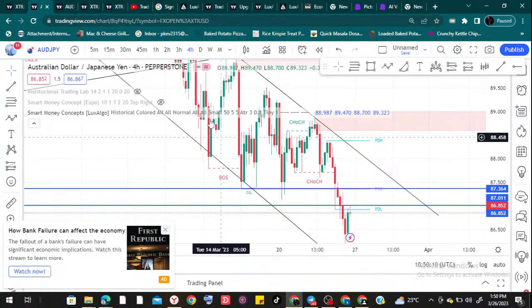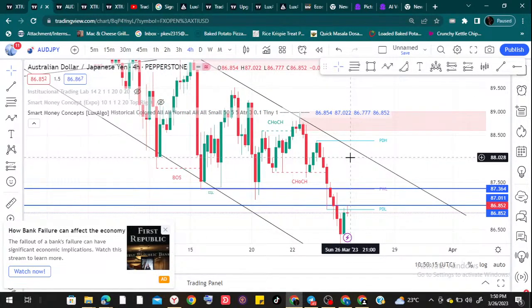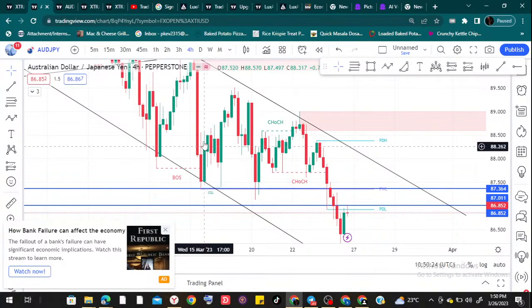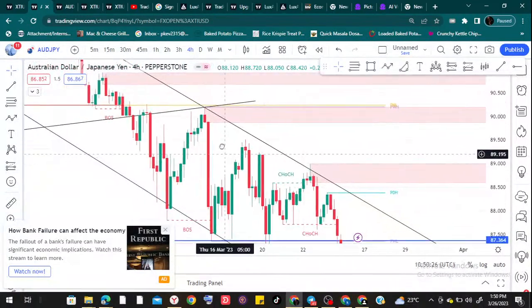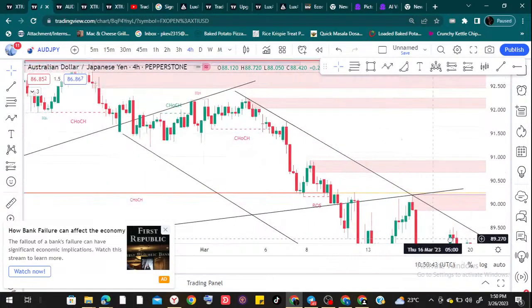But okay, so here's the thing. Whenever we are trading, let me now talk about the smart money concept. I know most of you have heard of the CHoCH and the BOS. The CHoCH happens when the market is, let's say, moving up.